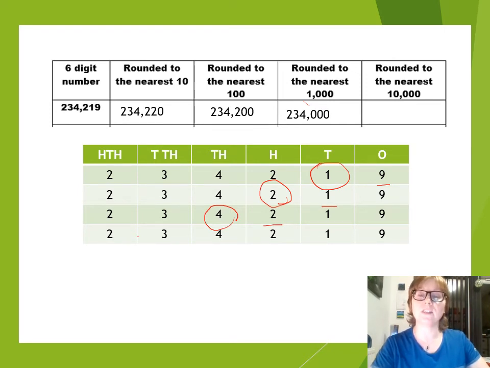And we can tell that this is a multiple of 1,000 because it has 3 zeros at the end. And then if we repeat the process again, but because we're rounding to the nearest 10,000, we circle the 10,000 digit and we look at the digit which is in the thousands. And we can see that's a 4, which means that the 3 is going to remain the same. So we end up with 230,000.